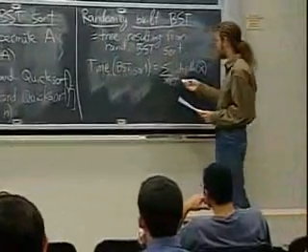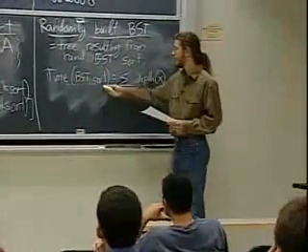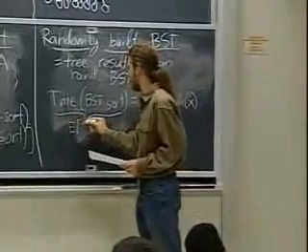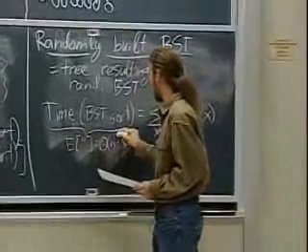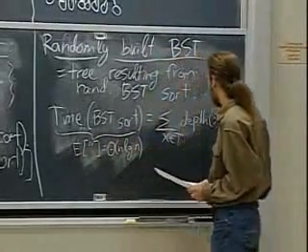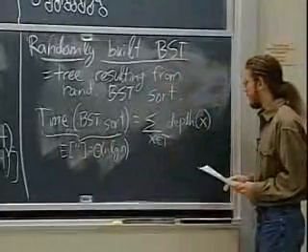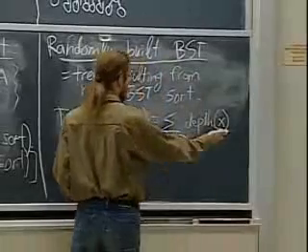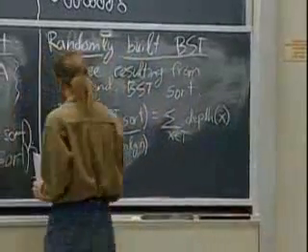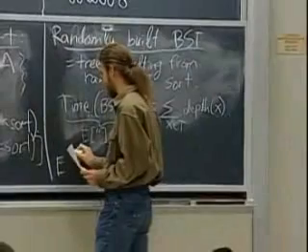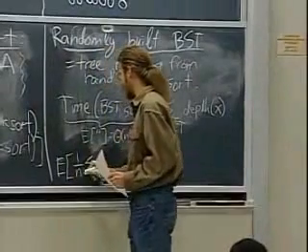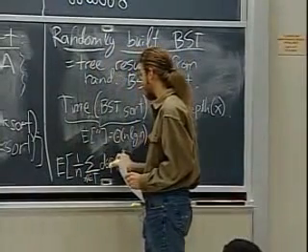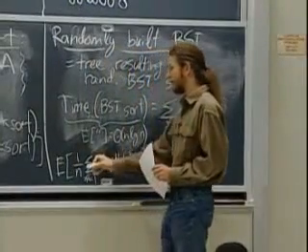So if we take expectation of both sides, here we get n log n. So the expected value of that is n log n. Over here, we get the expected total depth, which is not so exciting. Let's look at the expected average depth. If I look at 1 over n, the sum over all n nodes in the tree of the depth of x, that would be the average depth over all the nodes.